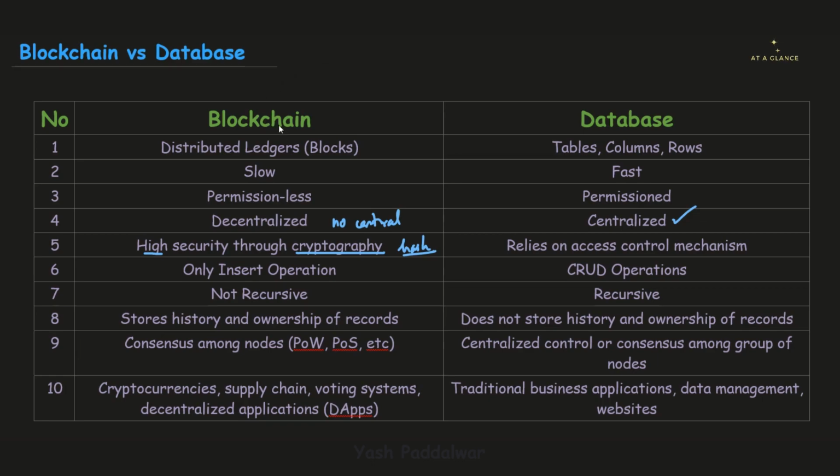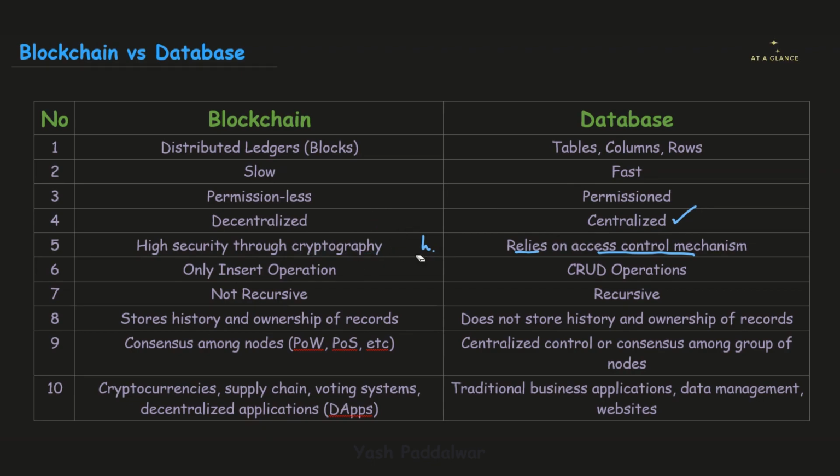So blockchain is high in terms of security, whereas when we talk about a database, it relies on access control mechanisms. That means every single user involved in the database network will be having certain access given to them by the central authority. So there is no such thing as cryptographic hash or encryption in databases. That is why, in terms of security, blockchain is more secure than a database.